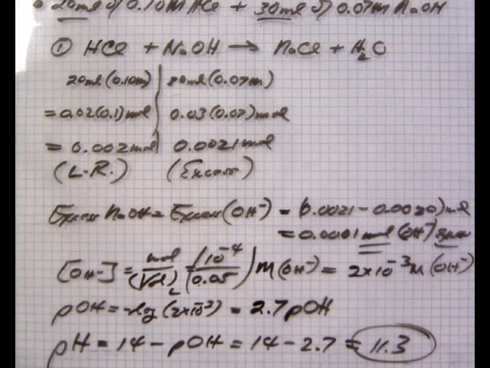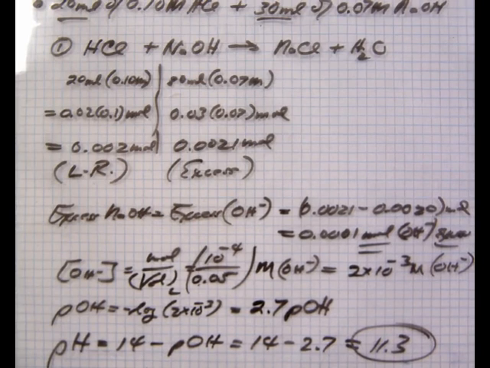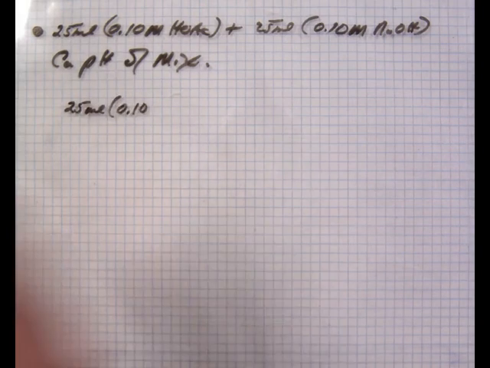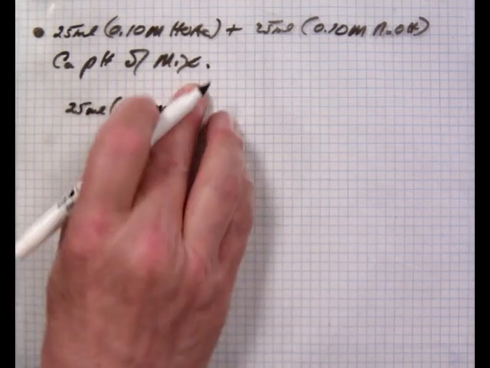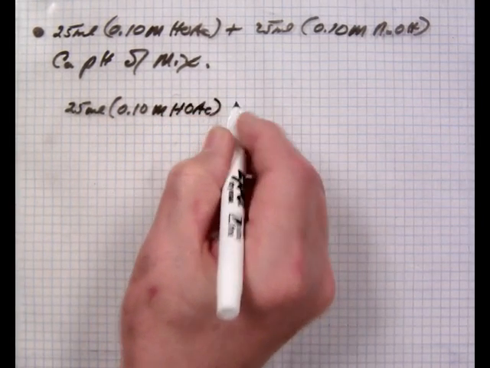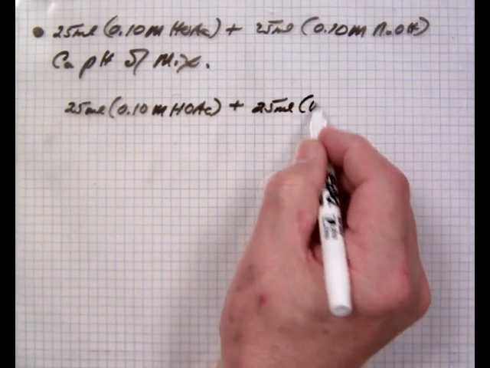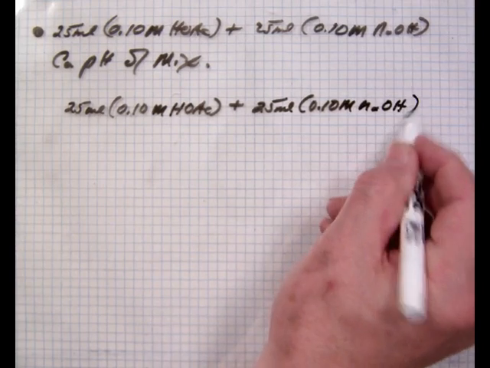Now, here's one that uses the weak acid and say a strong base titration, and you are to figure the ultimate pH. Okay, 0.1 molar HOAc, make it look like an HOAc, reacts with 25 milliliters of 0.10 molar NaOH.